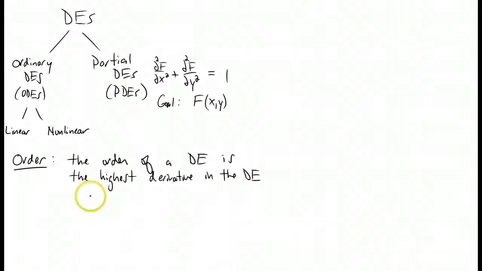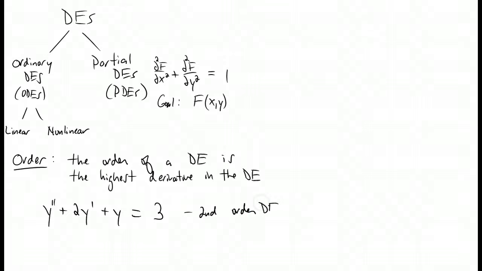If we came back down here, I could write down an example of a second order differential equation. Something like that. There are two derivatives in this differential equation, so it is a second order differential equation. It just so happens that this is also a linear differential equation. So this is a second order linear differential equation.